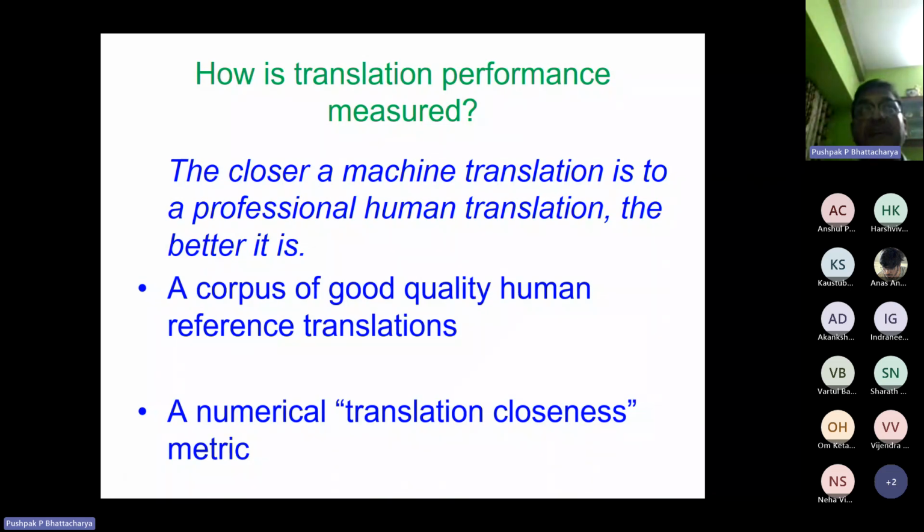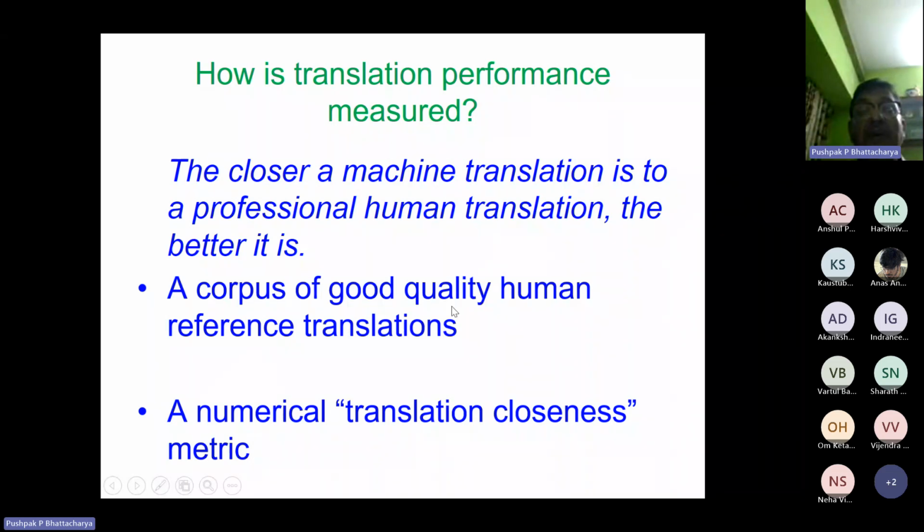That means we have first got length buckets: 0 to 10 words, 11 to 20 words, 21 to 30 words, and 31 and more. So these are the 4 length buckets: short, medium length, longer length, and very long length. And then we have also divided them according to domain: administrative sentences, agriculture sentences, tourism sentences, law sentences, and so on. So if I take one single domain, let's say I take law.